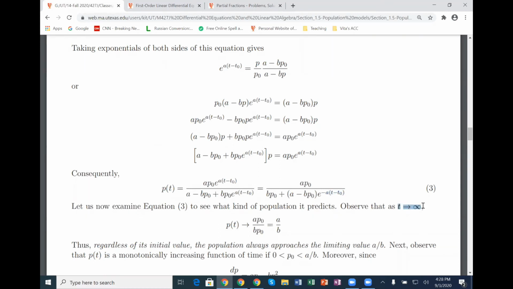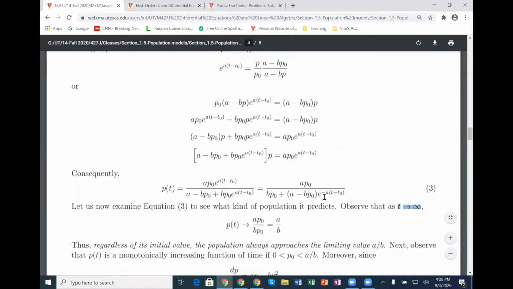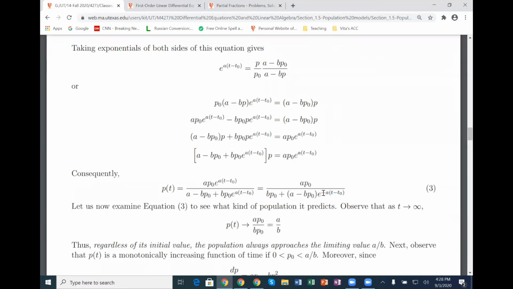Conclusion: if t goes to infinity, e to this power goes to 0. But if this goes to 0, the whole product goes to 0. But if the whole product goes to 0, this fraction goes to top, which is over here, over bp0, which is over here.